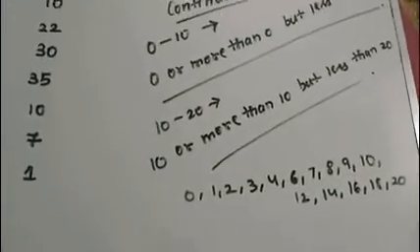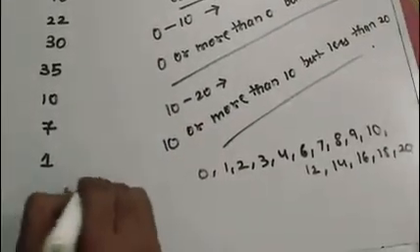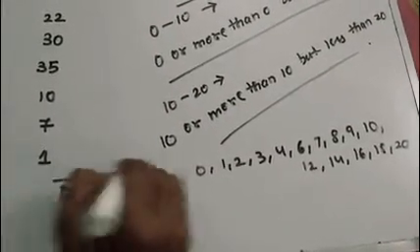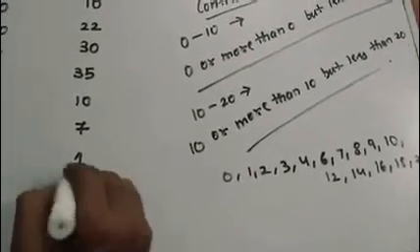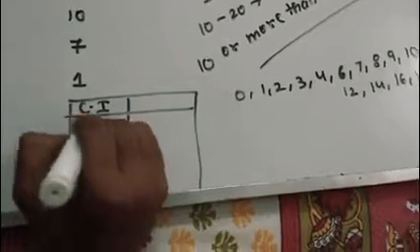Class interval means, suppose I am writing here 0 to 10. I am constructing a class interval table, and I am giving 0 to 10.